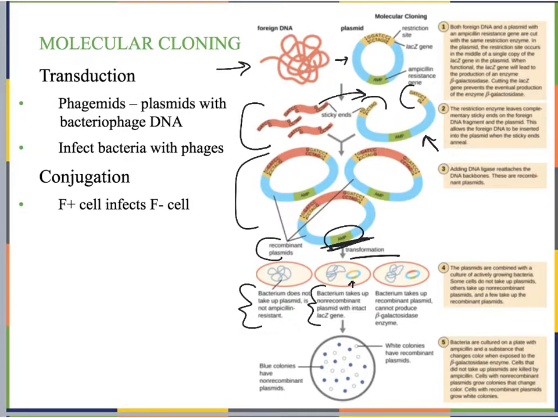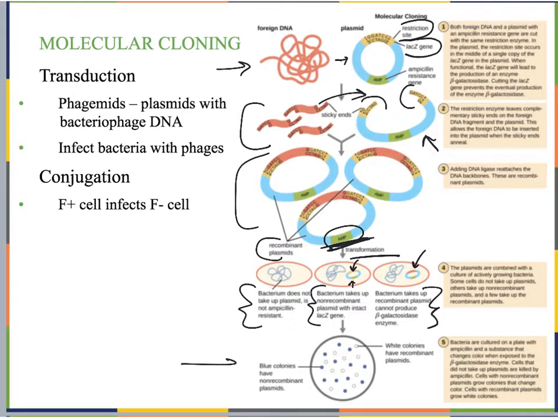It also has the ampicillin resistance gene, or the third option is that the bacterium actually takes up the recombinant plasmid and therefore is not able to make the enzyme to break down XGAL. So you can see here that it actually has that in there, and then it no longer has an intact yellow section, which is, you can see here, the LAC-Z gene along with the restriction enzyme site.